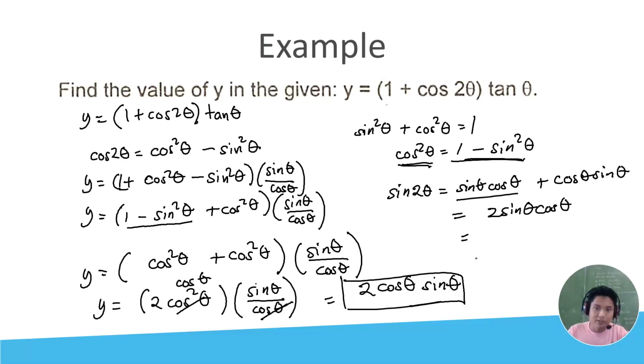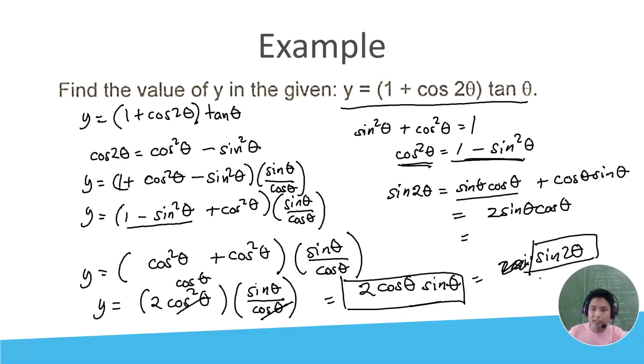So therefore, this is just equivalent to sine 2 theta. So this is the final answer. This is the simplest form of this equation. Okay, y equals sine 2 theta.